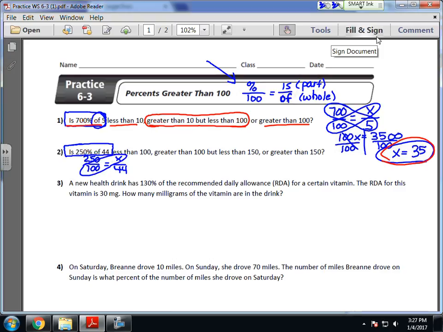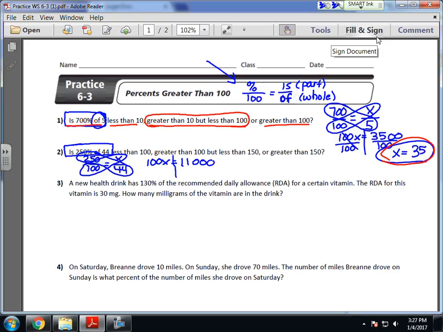Okay, so here we go. 100 times x is 100x equals 250 times 44. All right, go ahead in your calculator and multiply 250 times 44. Somebody tell me an answer when you get it. You should have gotten 11,000. 11 with 3 zeros.